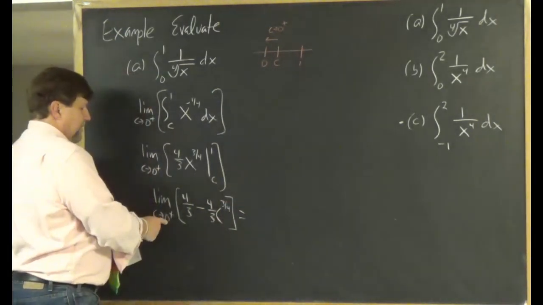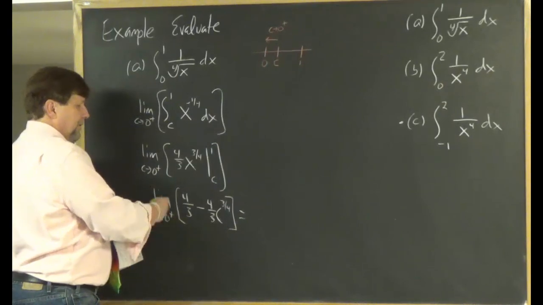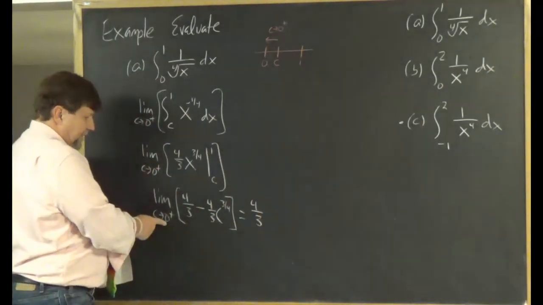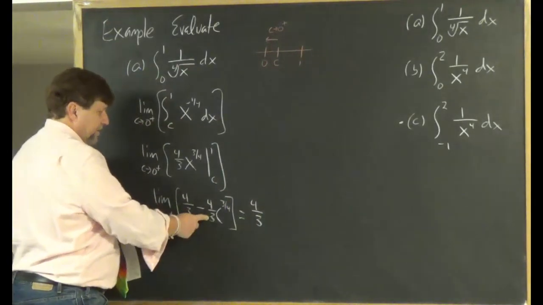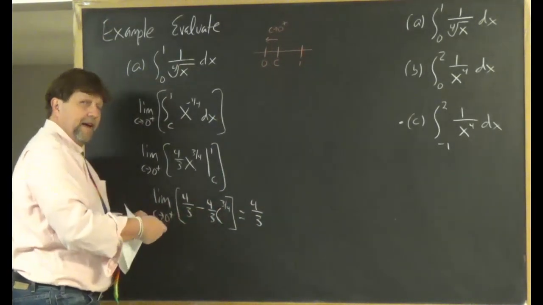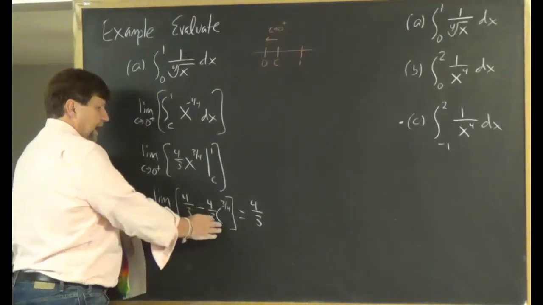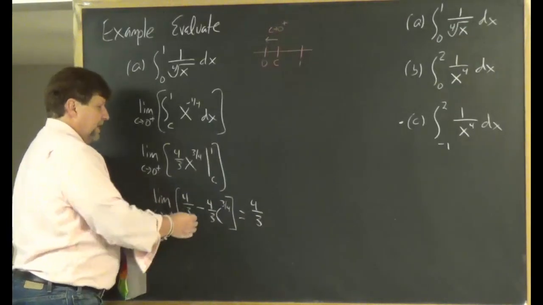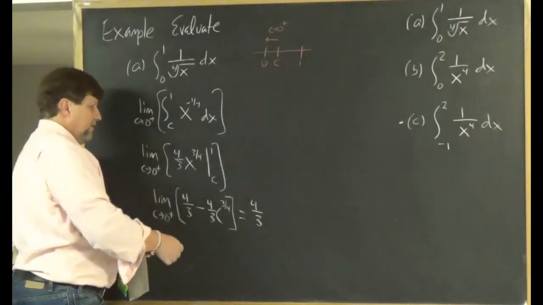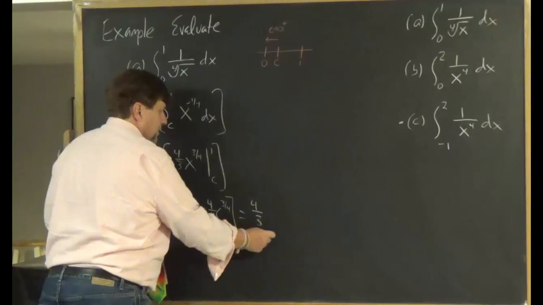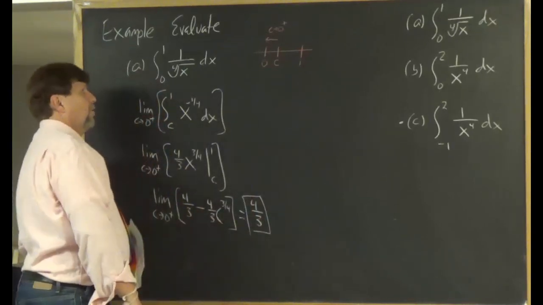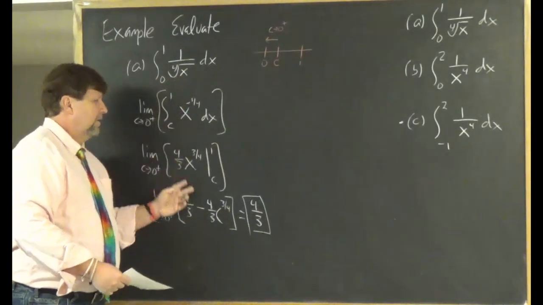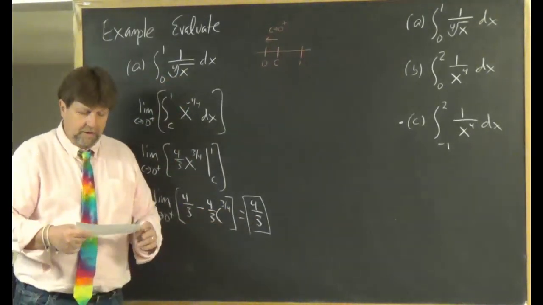The limit as c goes to 0 from the right of 4/3 is just 4/3. The limit as c goes to 0 from the right of 4/3 c to the 3/4, I can find by direct substitution. I can directly substitute 0 in for c. 0 to the 3/4 is 0. 4/3 times 0 is 0. 4/3 minus 0 is 4/3. So for part A, this improper integral has a value of 4/3.